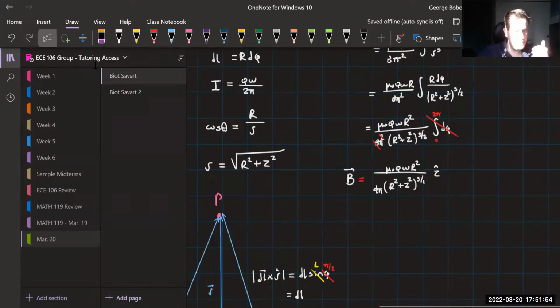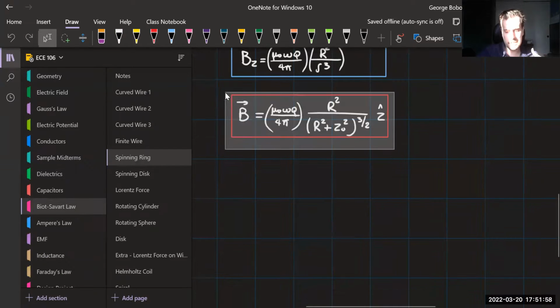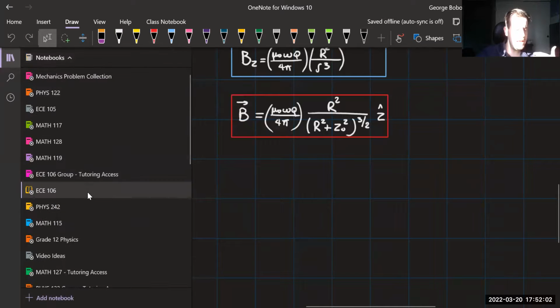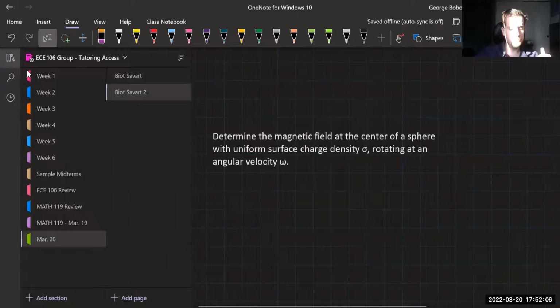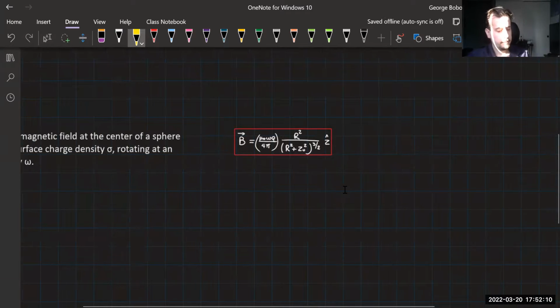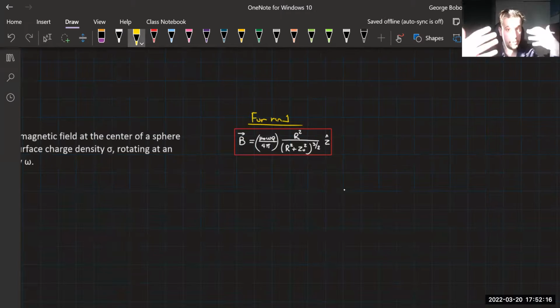So just to be safe, I'll copy the result from here. It looks a lot cleaner. It's exactly the same, honestly. And I'll use this as a building block for the problem that we're going to do. We're going to do the sphere. So this is for a ring, right? And I've taught you that you can use previous results to derive new ones.